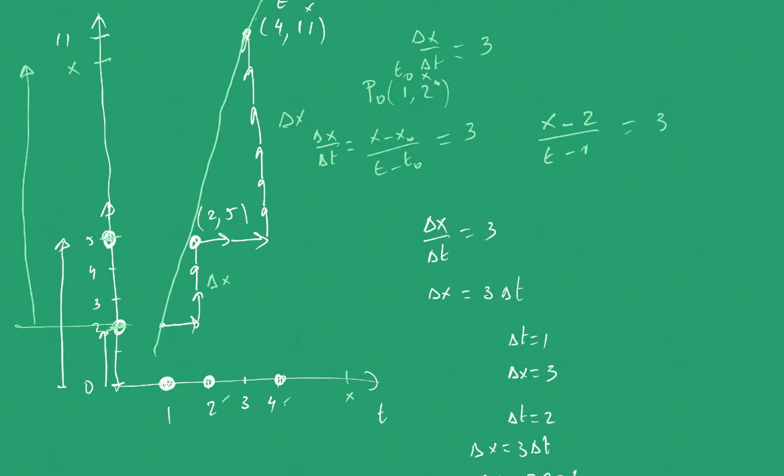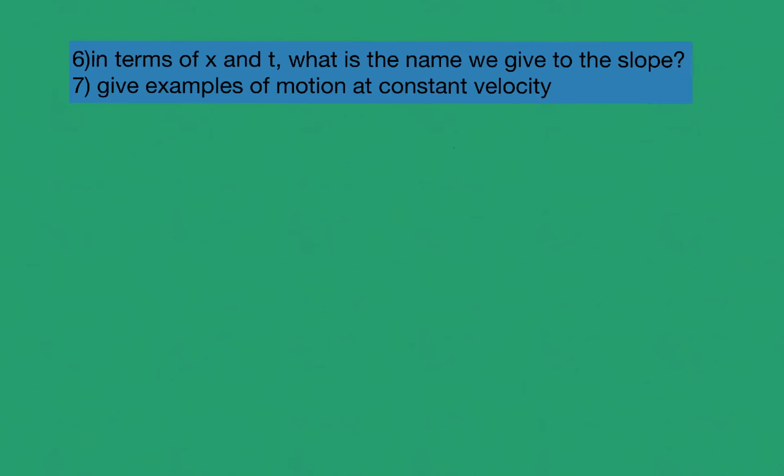And from this equation I find x equals 3t minus 1 plus 2. And this is the equation of this rectilinear line. So I'm done. Let's go to the next question.